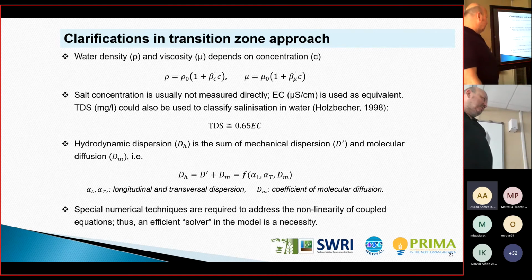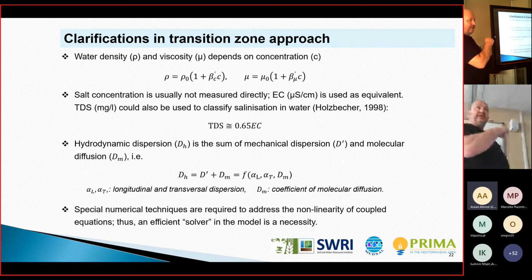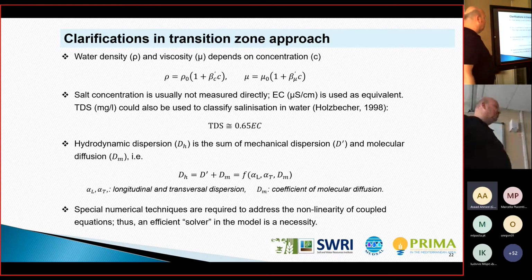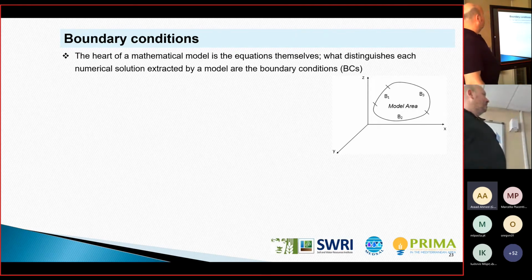And last but not least, we have to consider special numerical techniques in the transition zone approach, because they require addressing the non-linearity of the coupled equations, because as we saw before, freshwater head and concentration are in the same equation, so it's more complicated to solve this kind of problem, and an efficient solver in the model is a must.